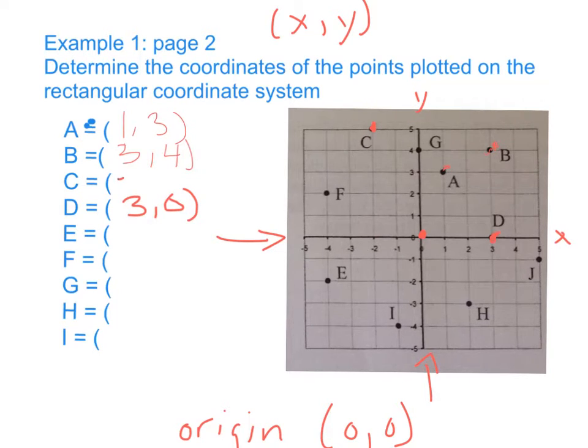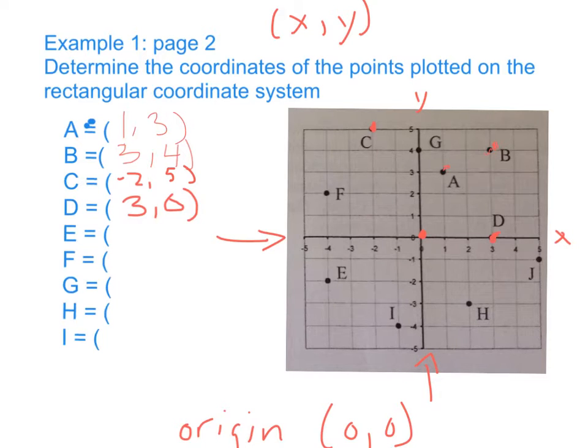So for C, my point is -2. And what is my y value going to be? I go across to y, my y value is going to be 5. So for point C, my coordinates are -2 and 5.